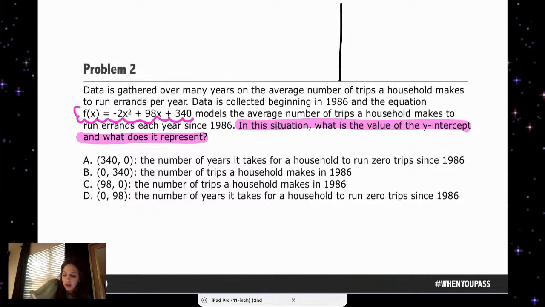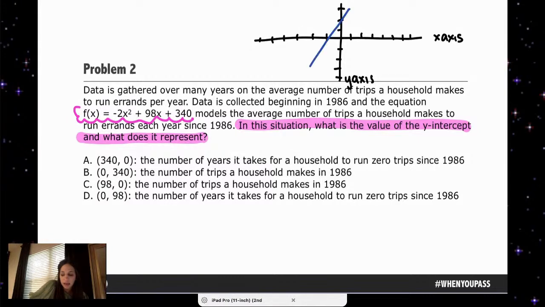So if I create a coordinate grid and I have my x-axis and my y-axis, and I have a graph. It could be a line, it could be a parabola, it could be whatever. What are my x and my y intercepts? Well, my x-intercepts are going to be where my graph crosses the x-axis.